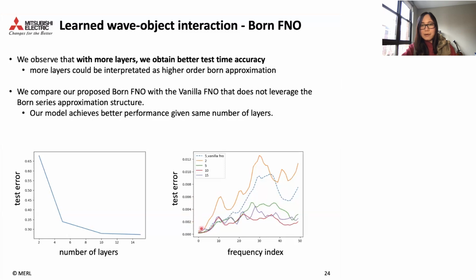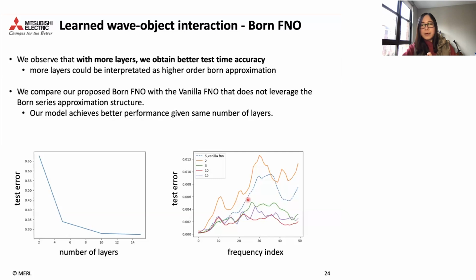So this is the testing error as a function of those temporal frequency values. And this dashed line represents the performance of the Fourier neural operator without our modification.